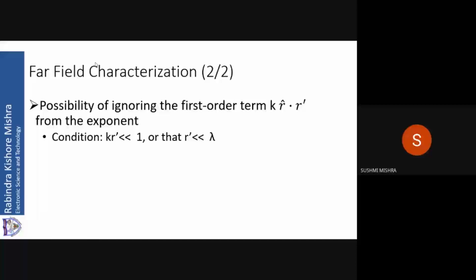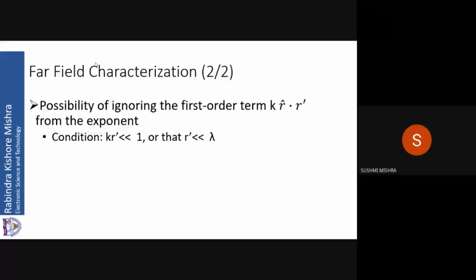Now, is it possible to neglect the first order term? It is possible only under a special case. The condition is that k r dash must be much less than 1, so that the contribution due to this k r dash in the exponent will be approximately 1. That contribution becomes 1, which means it is not contributing anything.